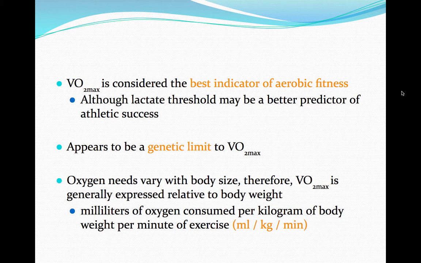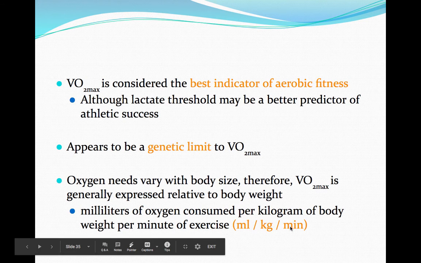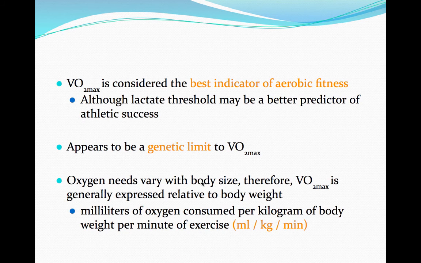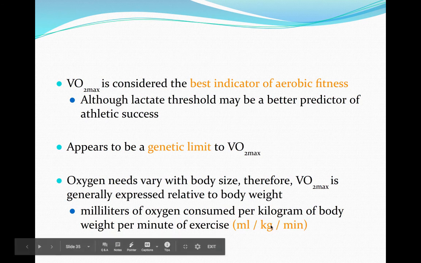So that is a relative term, milliliters per kg per minute, and that's where most of the time you'll see that, so that we can compare different body sizes, whereas the absolute term you may see is liters per minute. But milliliters per kg per minute for VO2 and VO2 max, I much prefer, because like I said, you can really look at people even if they're of different sizes, because you take into consideration their mass here.